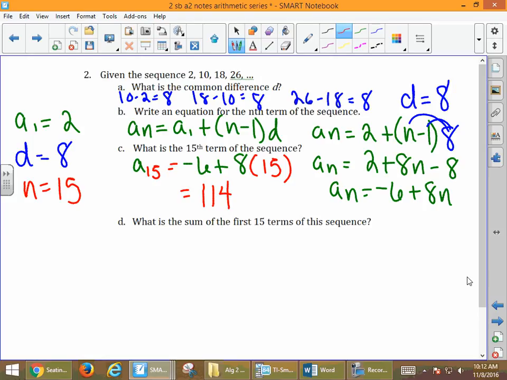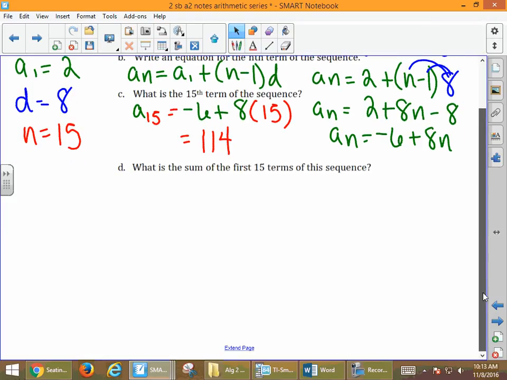So now, how do we take it to the next level here? That's what part D is. It says, what is the sum of the first 15 terms of the sequence? There's our new formula now. Sum.